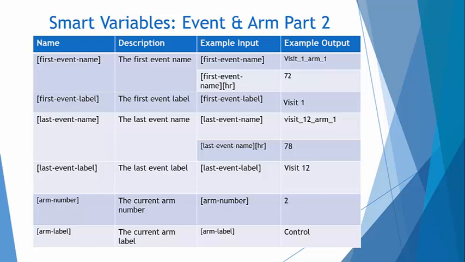The first event label pulls the label for the first event. Last event name and last event label work similarly to first event name and first event label, only pulling from the last event in the project, or the last event to which that instrument has been designated. Finally, arm number and arm label will pull the number of the arm that the current record is in, or the label that you have assigned that arm.